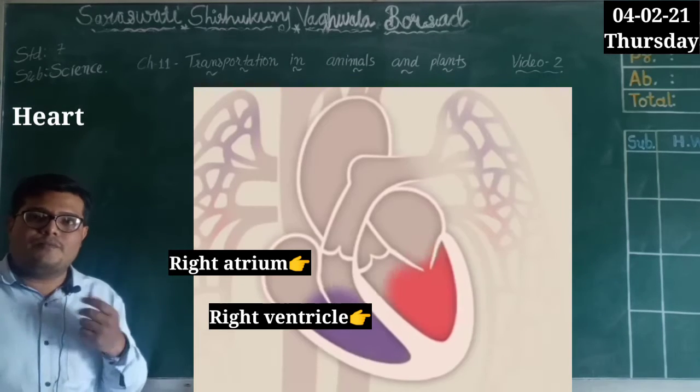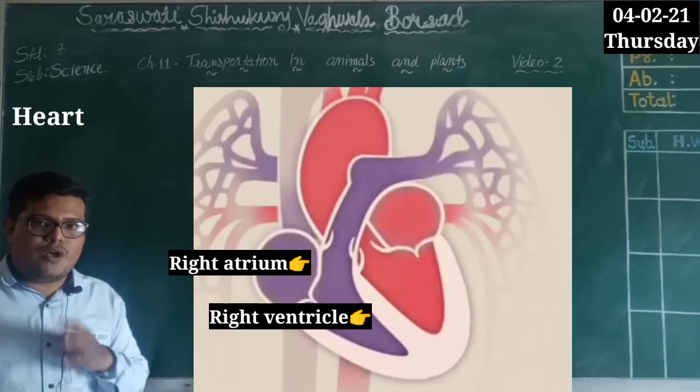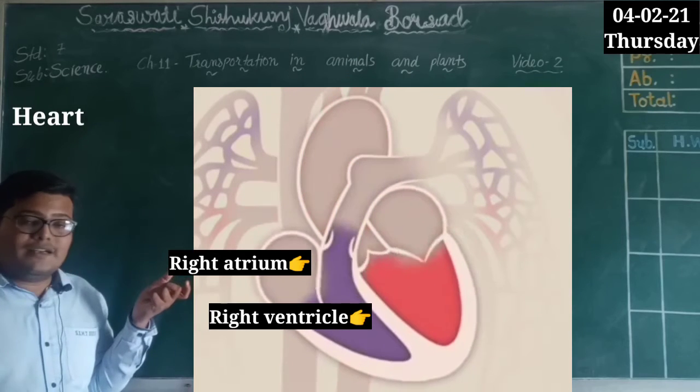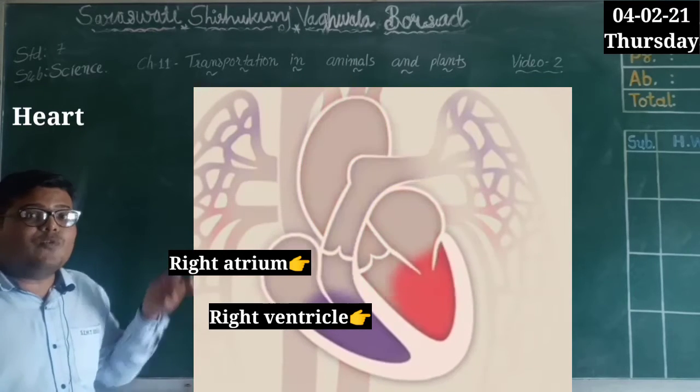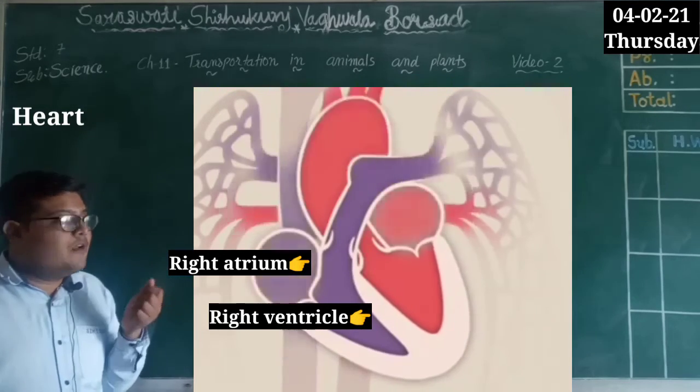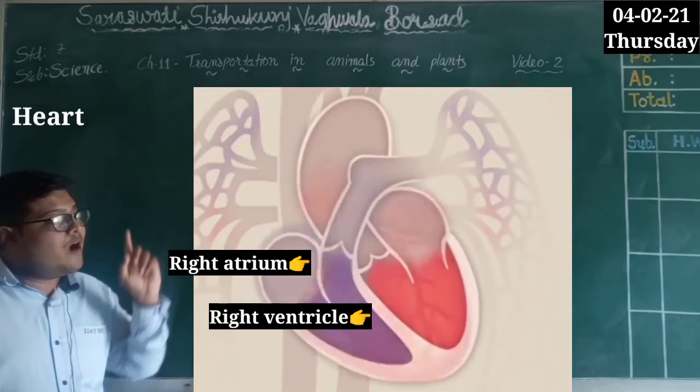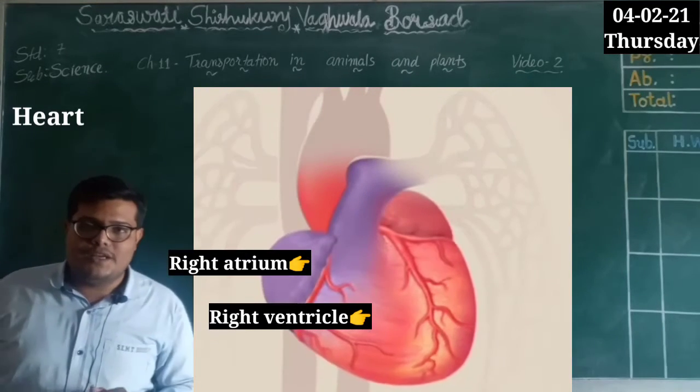So this is the work of pulmonary arteries. I hope you understand. From the heart, how carbon dioxide rich blood flows into the lungs, we understand. From the heart, how oxygen rich blood flows into the body, that also we understood.